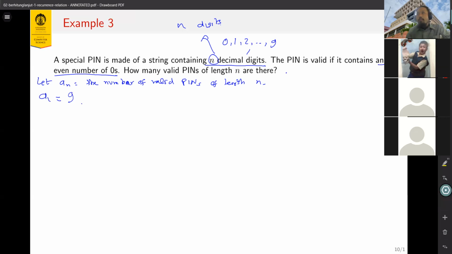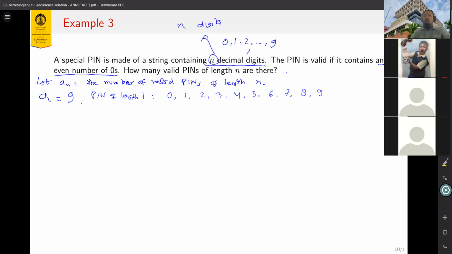What are the possible pins of length 1? There will be 0, 1, 2, 3, 4, 5, 6, 7, 8, and 9.